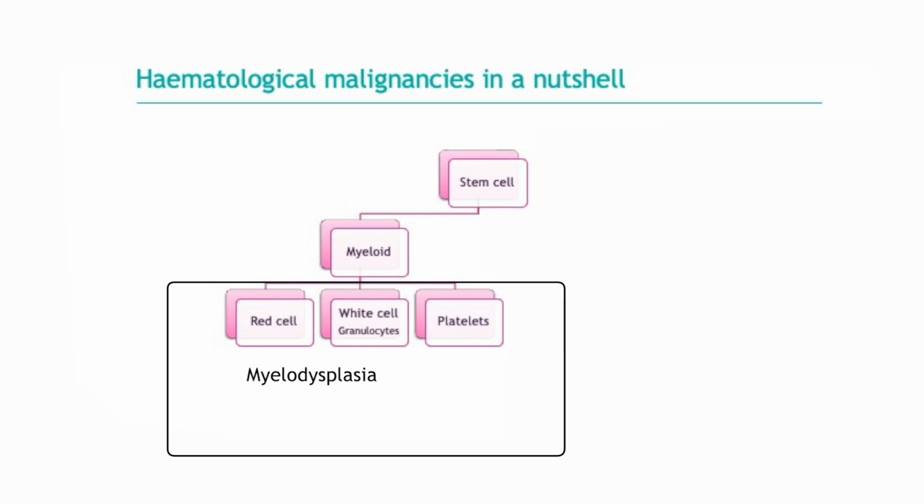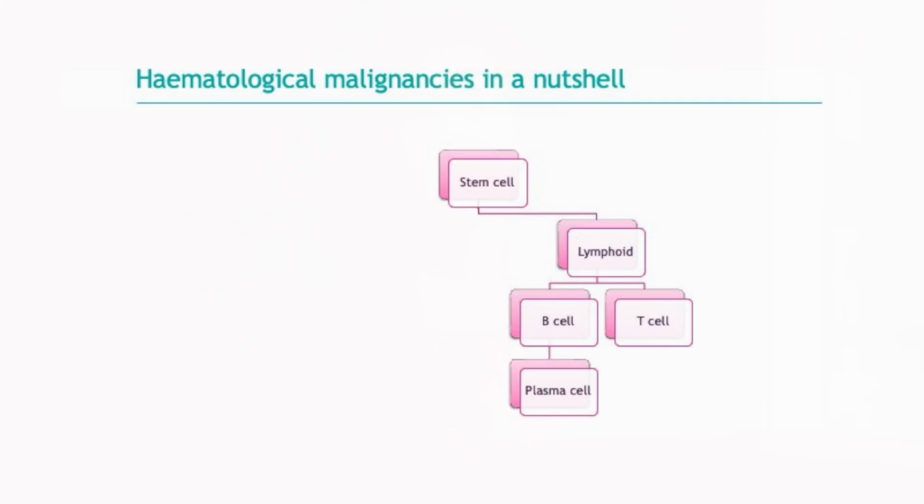And then the third thing that is considered part of the myeloid disorders is myelofibrosis, where you get fibrotic change replacing the marrow and preventing a patient producing their normal blood cells. So again, can present with low blood counts, but an enlarged spleen as the fibrosis occurs in the spleen as well. So that's on the myeloid route.